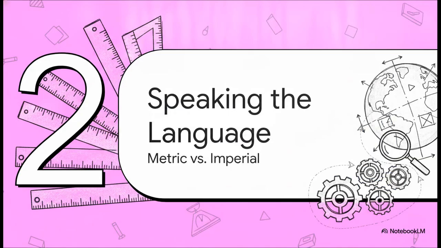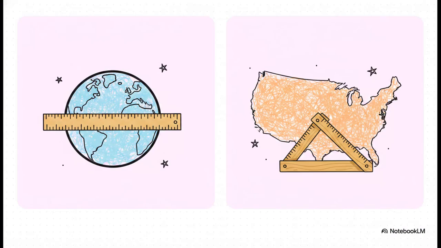Moving right along to Section 2, speaking the industry language, metric versus imperial. You know, scale is the foundational language in design, and you can't just go inventing your own grammar. Making up random scales is a major rookie mistake. You've got two main dialects. First, the metric system, which uses millimeters and meters, completely avoiding centimeters in architectural drawings.